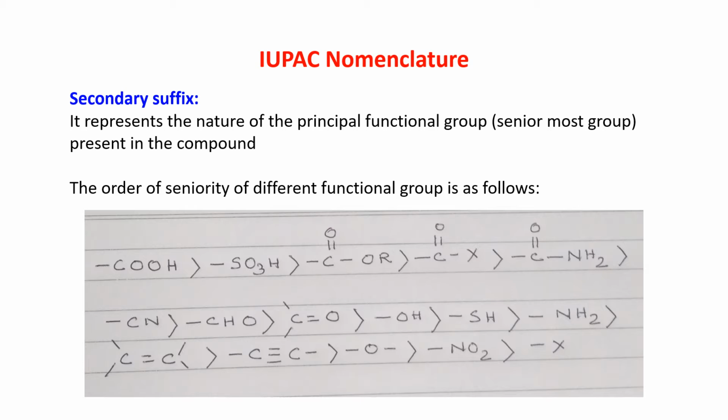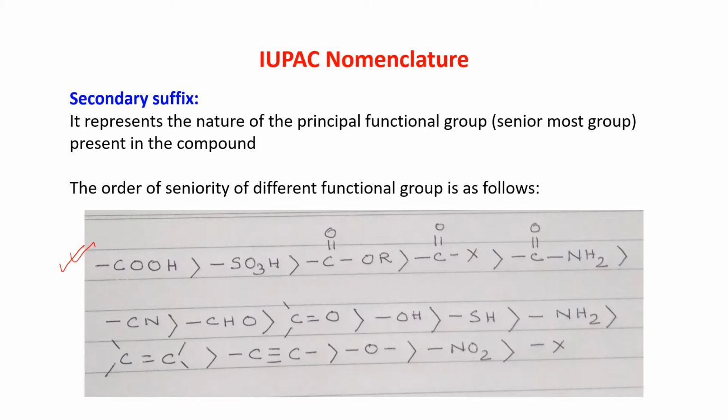The order of seniority of different functional groups is as follows. First, seniority wise, COOH, carboxylic group, is coming first. Carboxylic is the senior most. If in a compound a carboxylic group is present, then the carboxylic group will lead the compound.